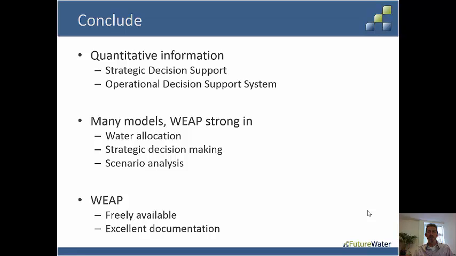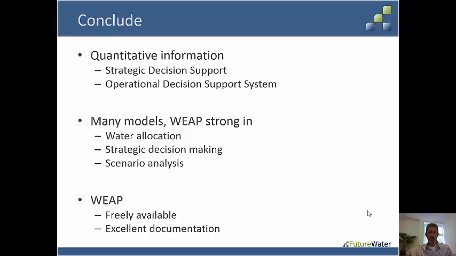WEAP can be used for both, although its particular strength is in strategic decision support systems. We also discussed that there are many existing models, and for some cases WEAP is very strong, especially if you're talking about water allocation, strategic decision making and scenario analysis.